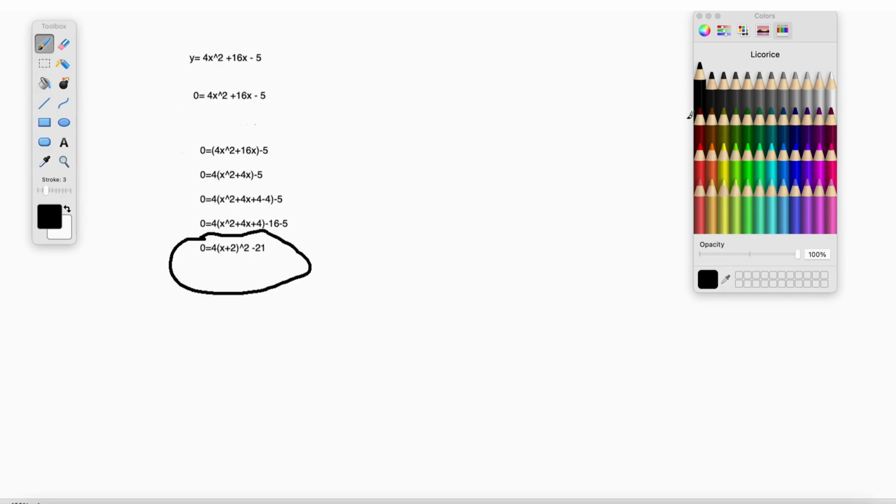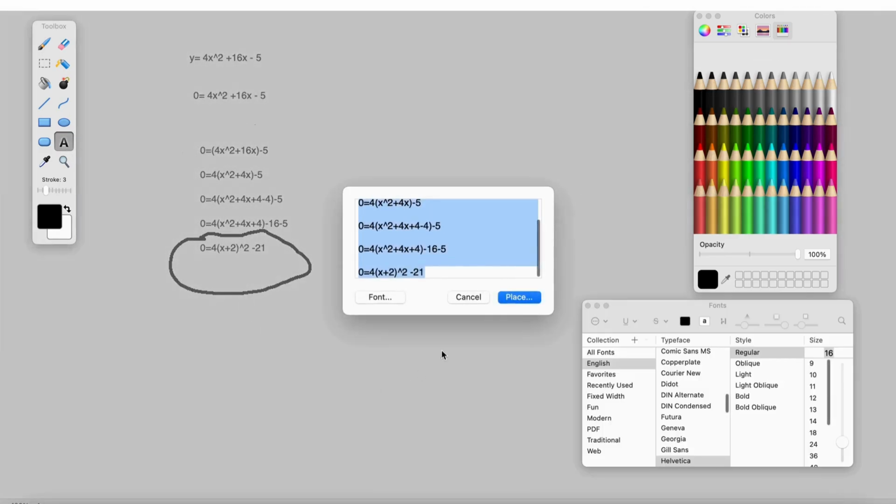So for example, if we do it from here, if we isolate it, let's just say that 0 was y, then to isolate x, we will need to do y plus 21 and then divided by 4 and then square root the whole thing.